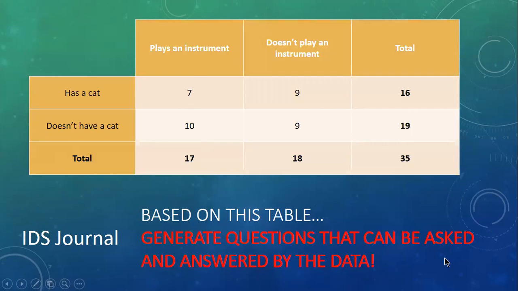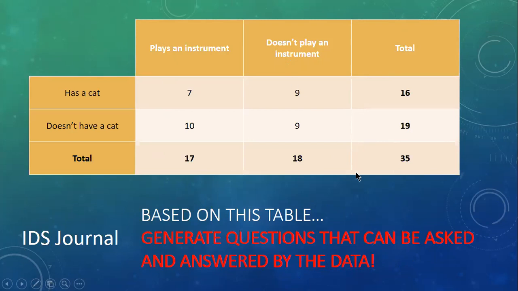I'm going to give you guys 3 minutes to generate 2 to 3 questions, right? I want you guys to think about 2 to 3 questions that can be asked and answered by this table right here. Okay, so 3 minutes, I apologize, to write an entry into your IDS journal.